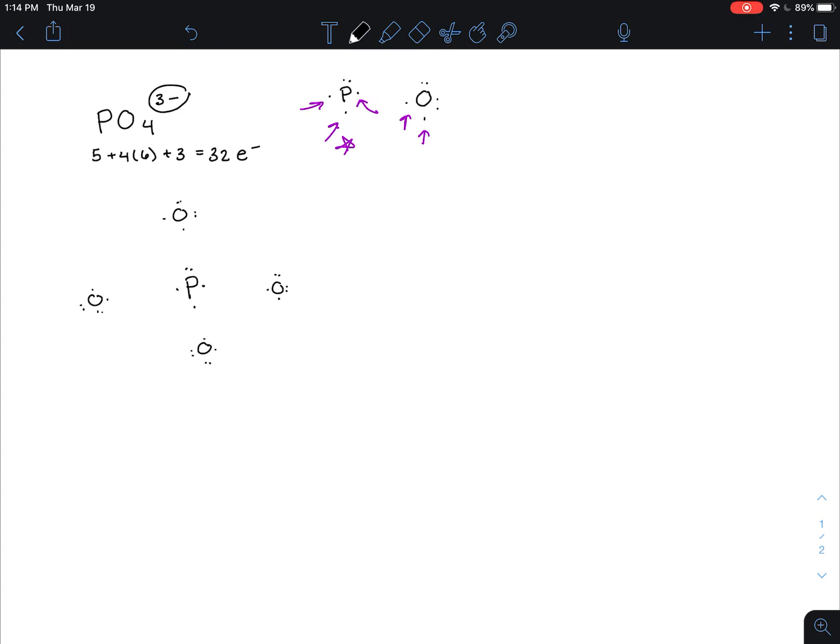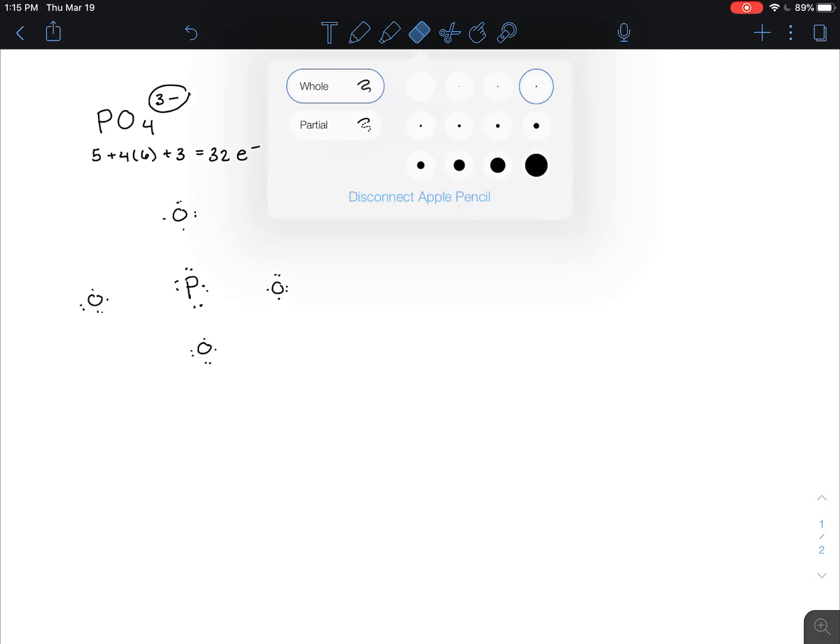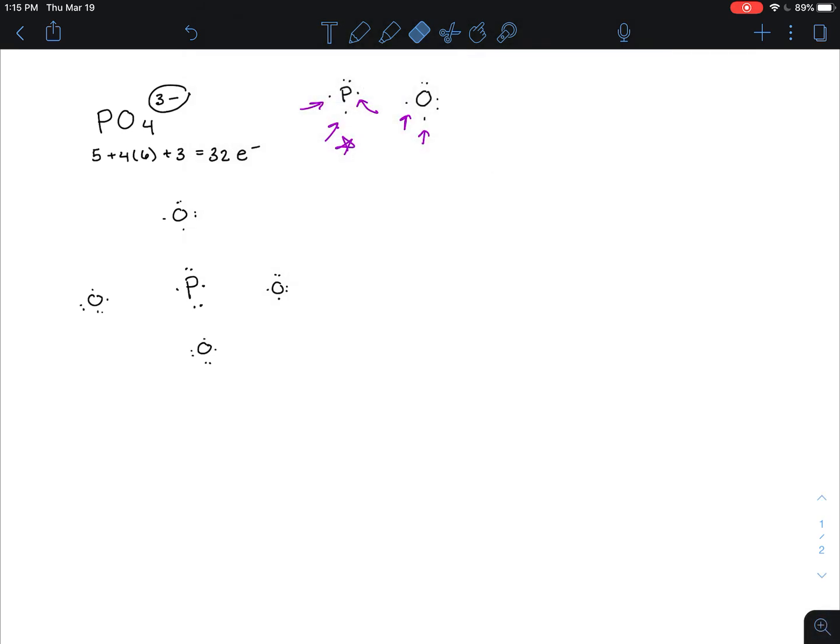Now something I want to point out is your extra electrons are obviously not going to go to the phosphorus, because if I place 3 electrons here, my phosphorus is going to be happy and then it wouldn't bond to my oxygens. So I actually wouldn't bond them to the phosphorus. But other than just knowledge of that, there is another reason.